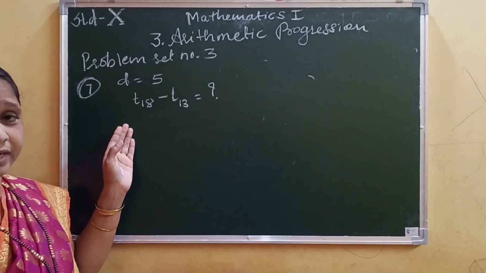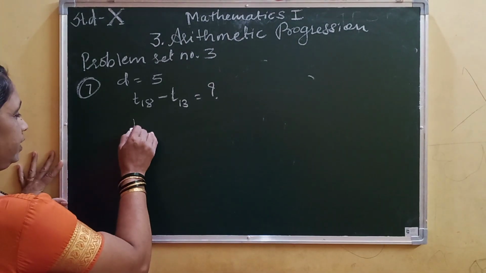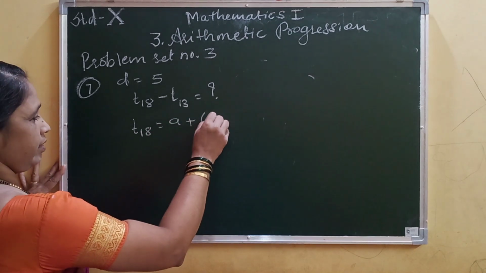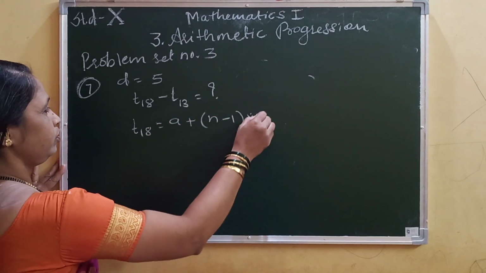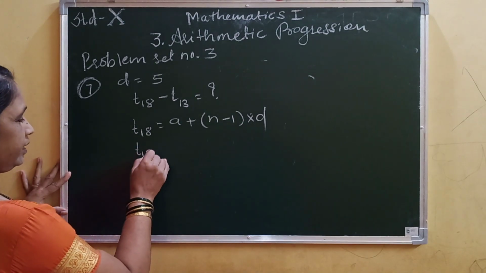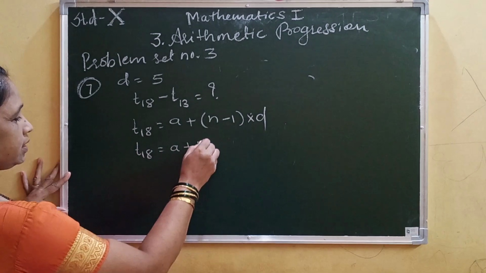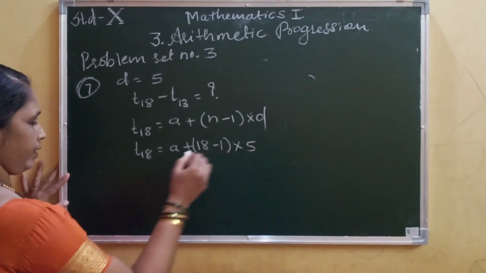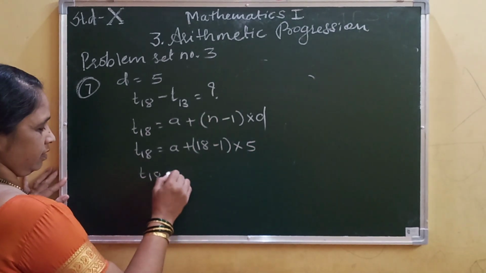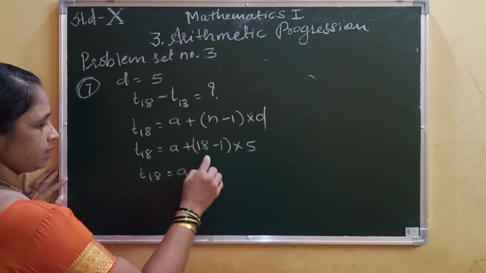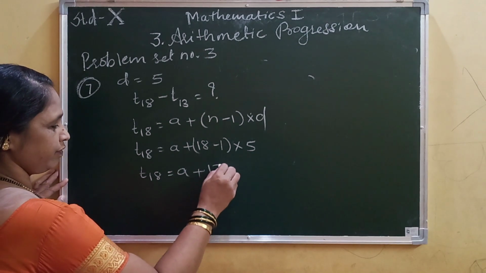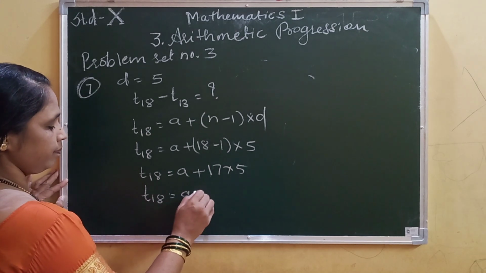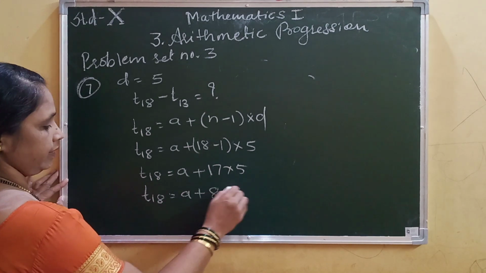Now T18: we know T18 is equal to A plus n minus 1 into D. So T18 is equal to A plus 18 minus 1 into 5, which means A plus 17 into 5. 17 into 5 is 85, so T18 is equal to A plus 85.